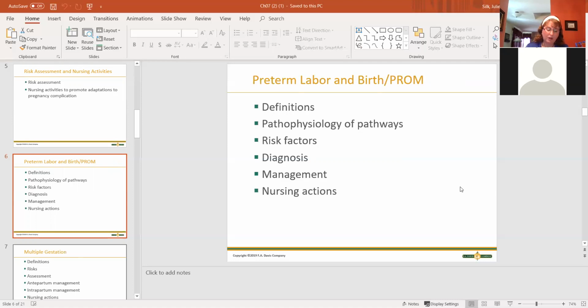All right, so under the pathophysiology section, they talked about 4 major factors that lead to preterm labor. One of those things is excessive uterine stretch.